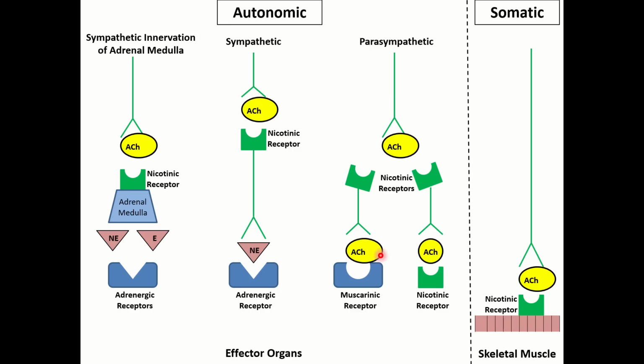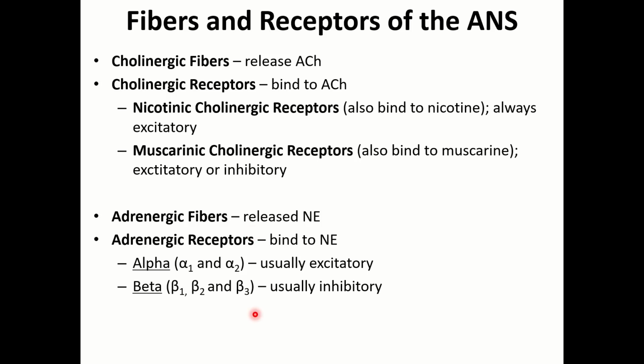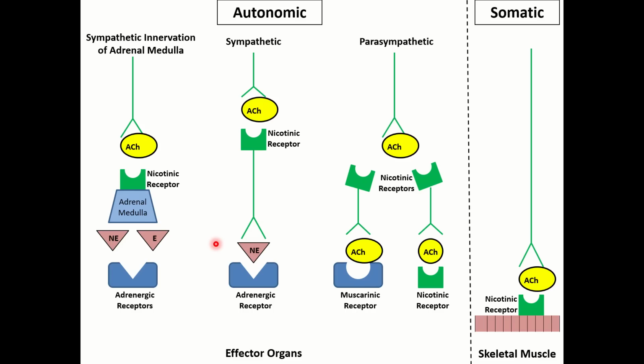So while acetylcholine from parasympathetic neurons causes the heart to slow down, your alpha adrenergic receptors on the surface of the heart allow norepinephrine to speed it up because it's excitatory. Your beta receptors, on the other hand, are going to be inhibitory whenever norepinephrine binds to them. And so you start to see that opposite effect right there, allowing these adrenergic receptors to have more than one response to norepinephrine.